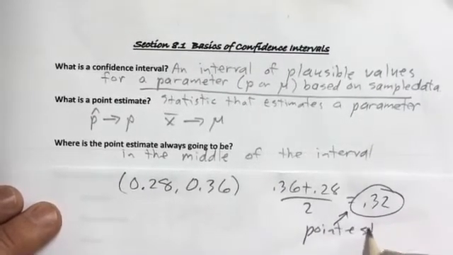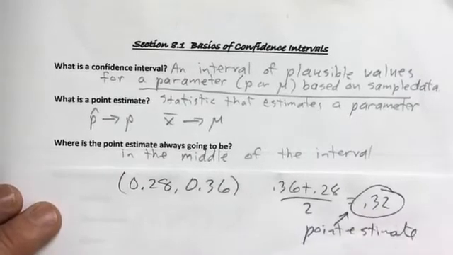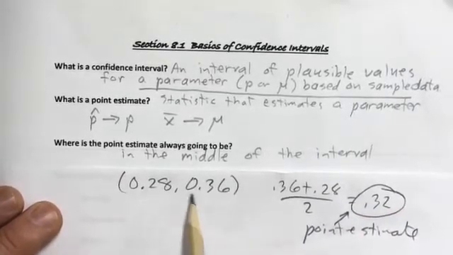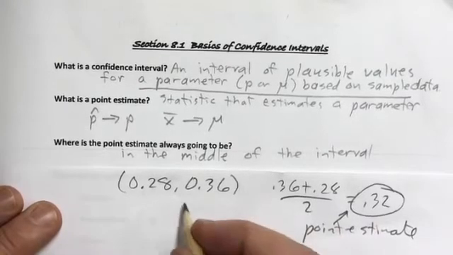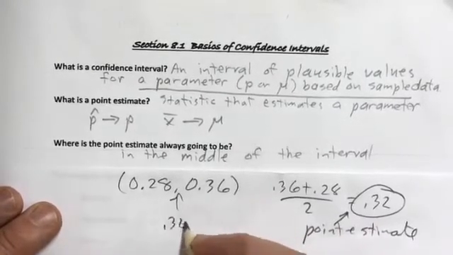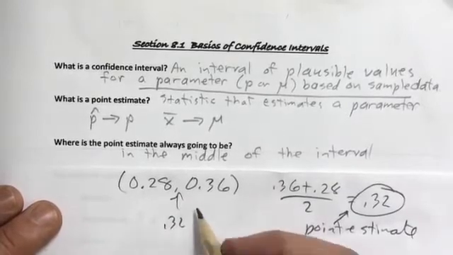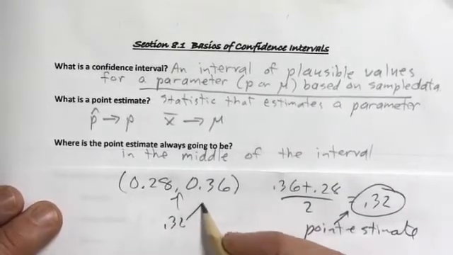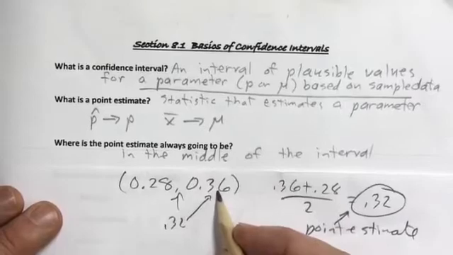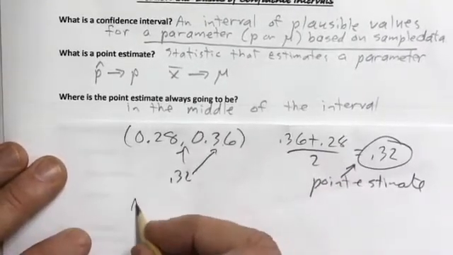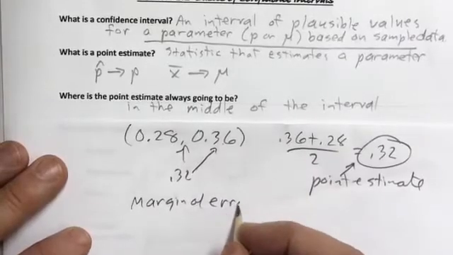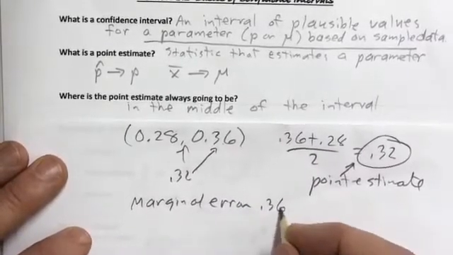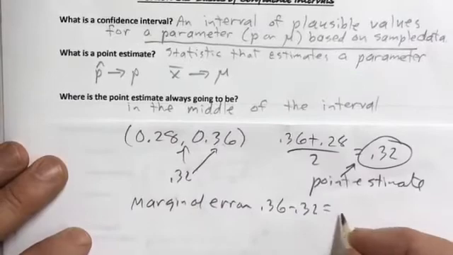Now, the margin of error, as we discussed, is how far left and right this interval is going. So to find the margin of error, we know 0.32 is in the exact middle. What's the margin of error? It's the distance between the middle and the outside. So we could just say 0.36 minus 0.32, and that's 0.04.